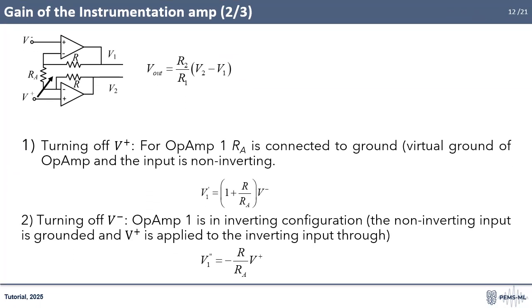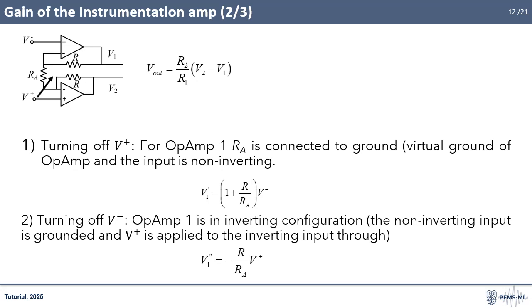Now, let's zoom in on the first stage of the instrumentation amplifier to clarify how its gain expression is derived. The two operational amplifiers receive inputs V+ and V-, and their outputs V1 and V2 are linked by two equal resistors R and an adjustable resistor RA.